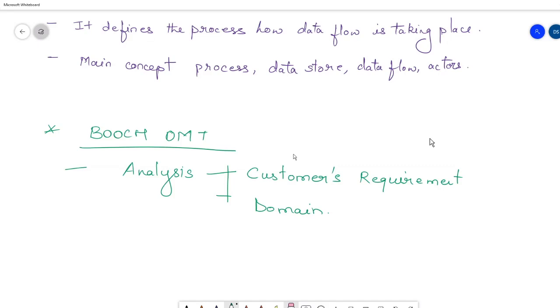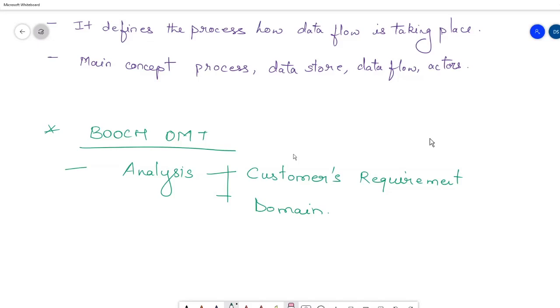But it never thought about the implementation part. We are making the layout, but whether these things would be practically possible or not is not considered in the Booch OMT technique.